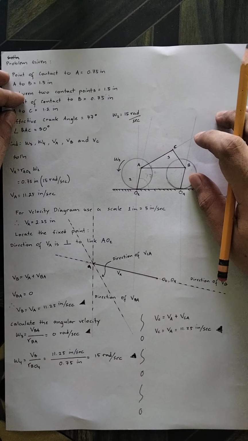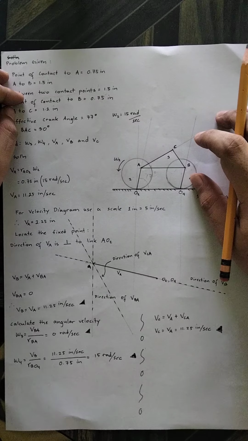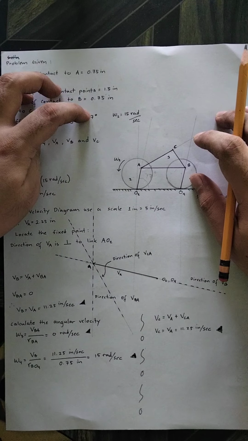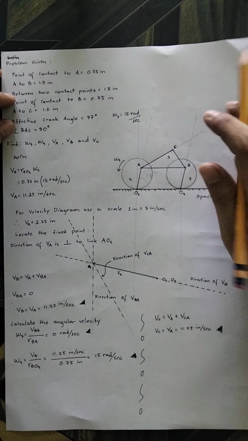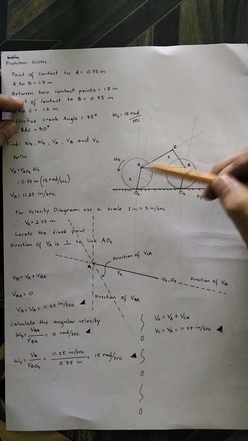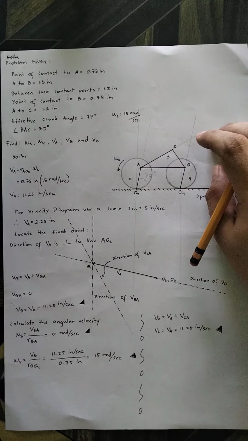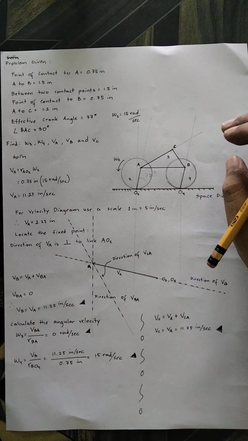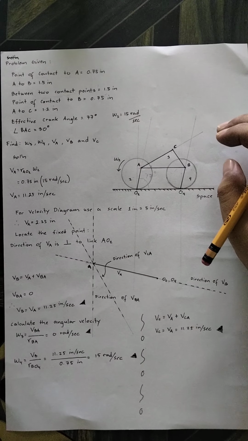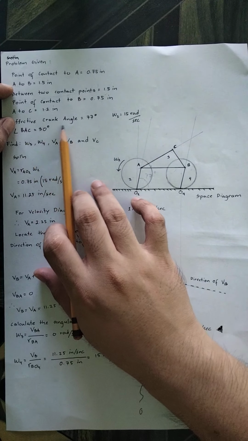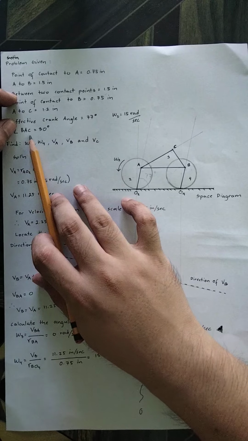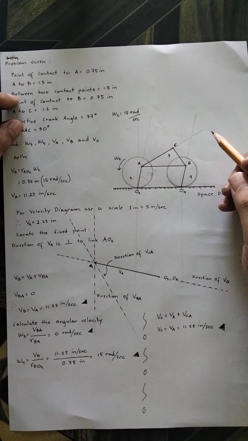But there are problems that require you to calculate the direction, and then you will use this. For the meantime, the effective crank angle and the angle BAC are needed to transfer the figure into your space diagram. So we have an effective crank angle of 77 degrees and the angle BAC of 30 degrees.